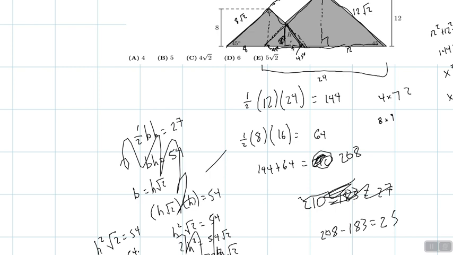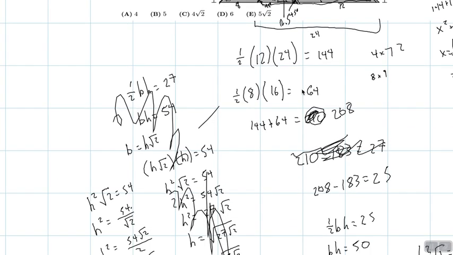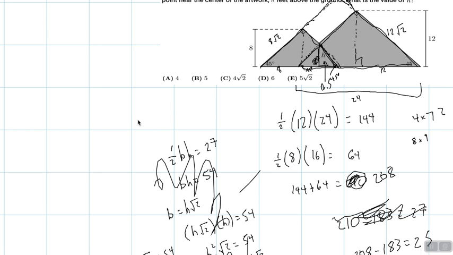But the area here is going to be 12.5. So therefore, one half base times height is 12.5, and we're still finding the same thing. Therefore, base times height is 25.